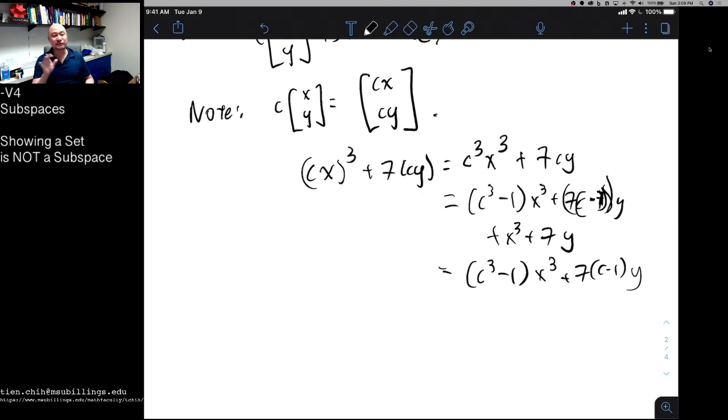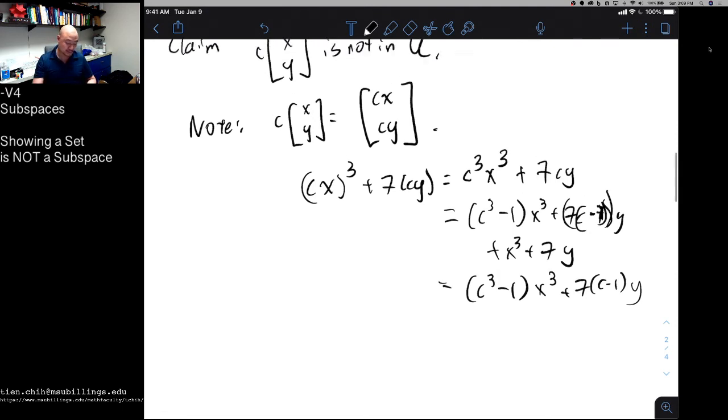But there's very little chance that this is going to be 0 for all the possible (x, y) pairs that live in U.